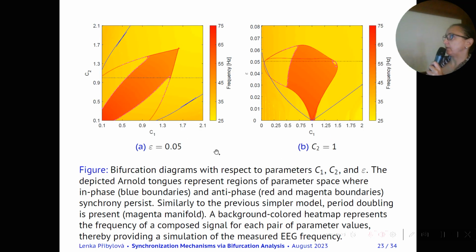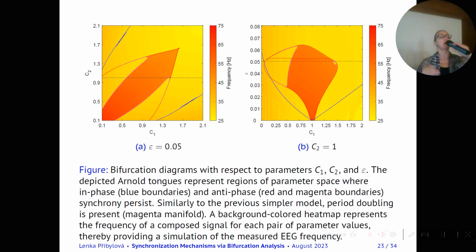This figure is now in the submission process. We found out that for very low coupling, there exists another tongue of synchronization. So we found not only synchronization that is in phase, where the two neurons that are close together and coupled are firing the same way, but we found there is another branch of solutions, cycles that are in antiphase.